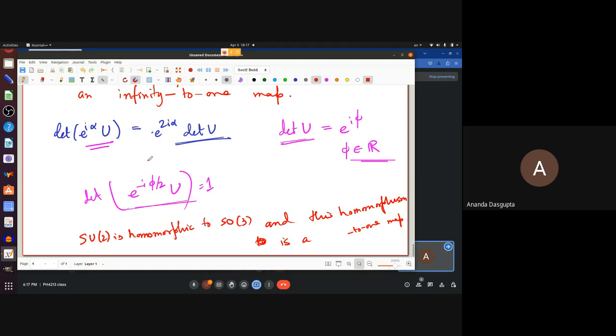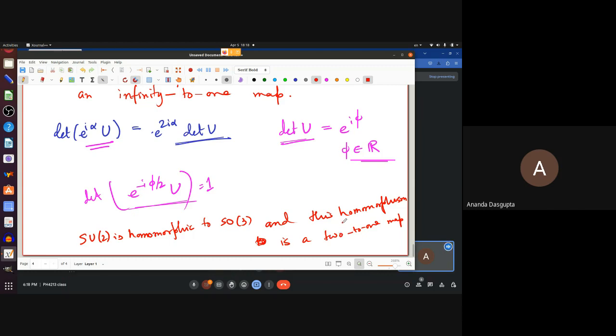Even this should give you a very good hint. You are dividing by the square root of the determinant. You're starting with a unitary matrix U, and you're dividing it by the square root of its determinant, but the determinant is e to the i phi. Doesn't that tell you something? How many square roots does it have? 2. Yes, so there will actually be two possibilities here.